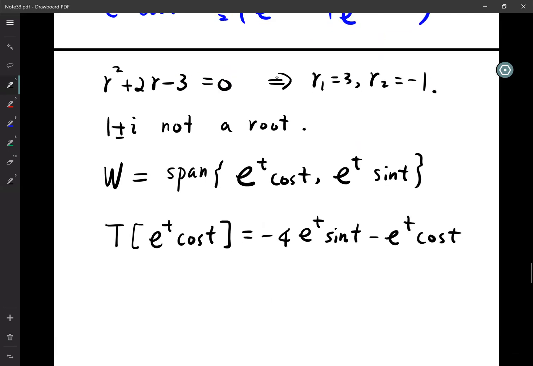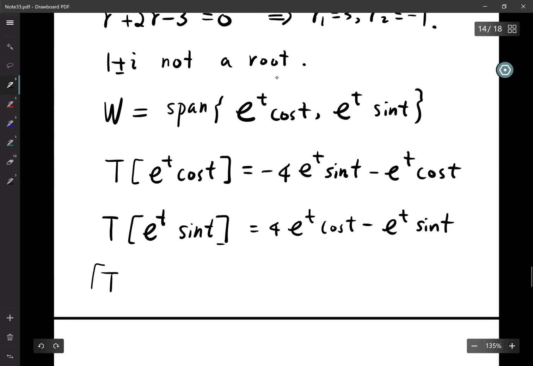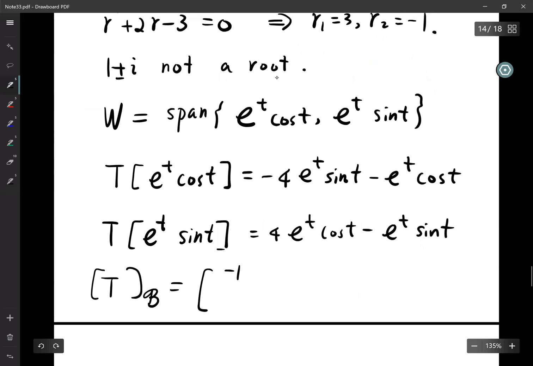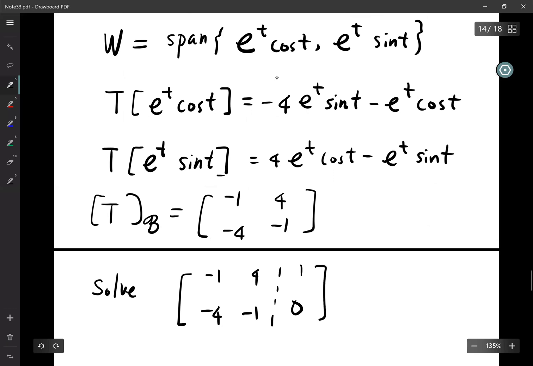So the basis is -1, -4 sine t, and this is 4 cosine t, sine t. So I have t b. I just read it out: -1, -4, and this is 4, -1. Now what I want to do is to solve this linear system with respect to 1, 0.